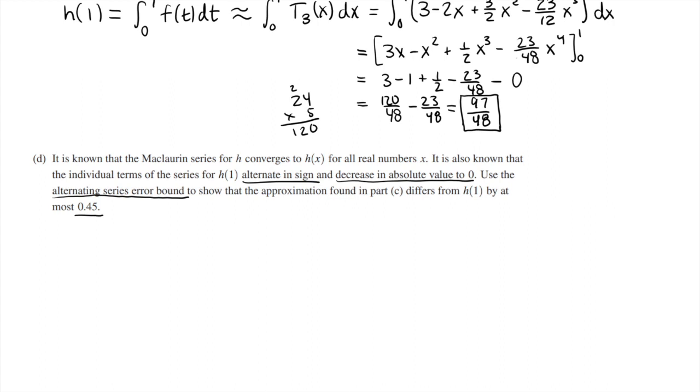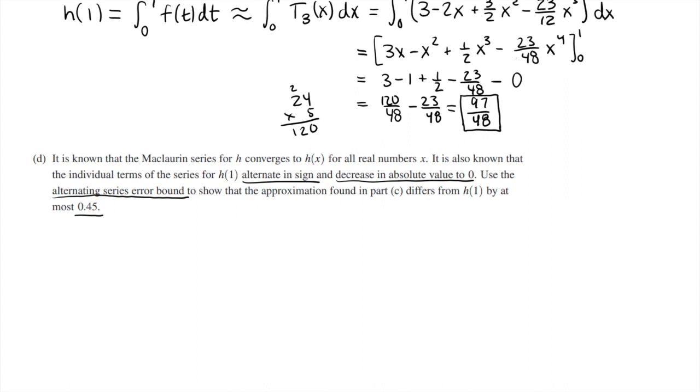And since the terms decrease in absolute value to 0, by the alternating series test, this series is going to converge. And what does it converge to? It's going to converge to h of 1 based on this first sentence. All right, all of that to say that you can apply the alternating series error bound, and that's what they want us to do.